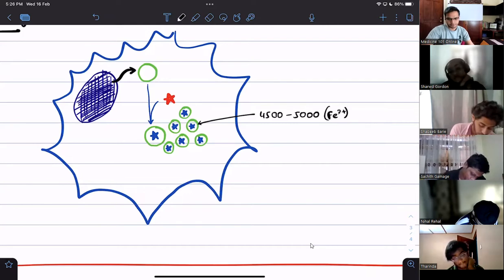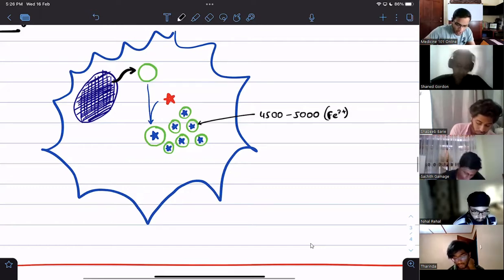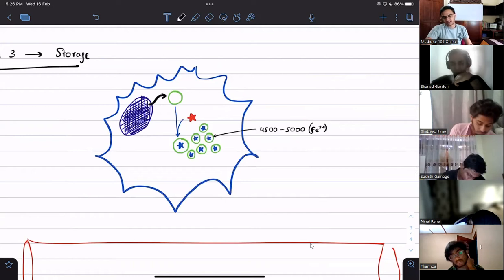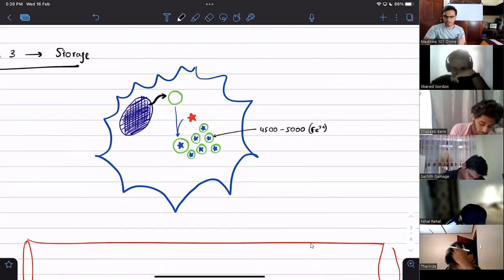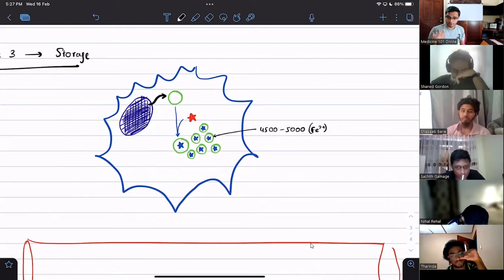Now look at this. According to the body's requirement, let's say the circulating iron is reducing a little. If that is the case, what do we want? We want some iron from the stores to come into the blood, correct?